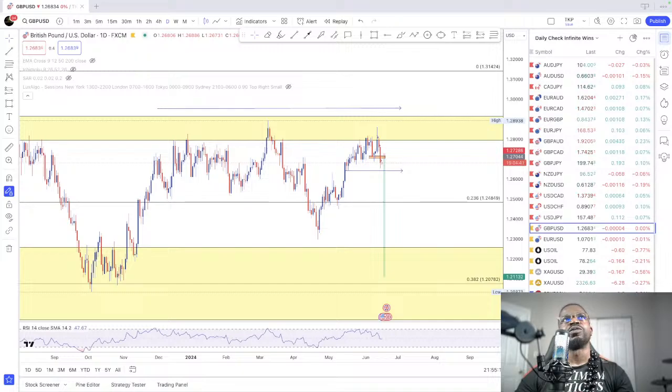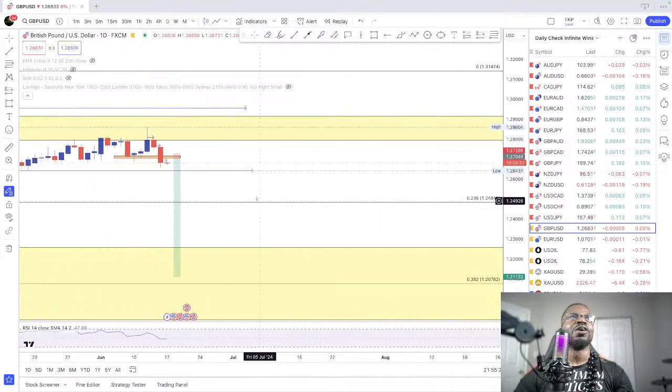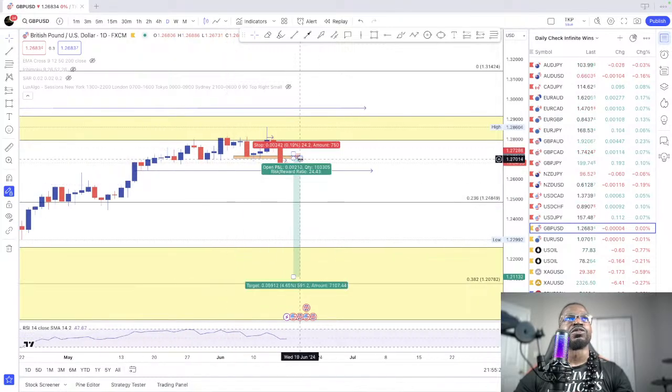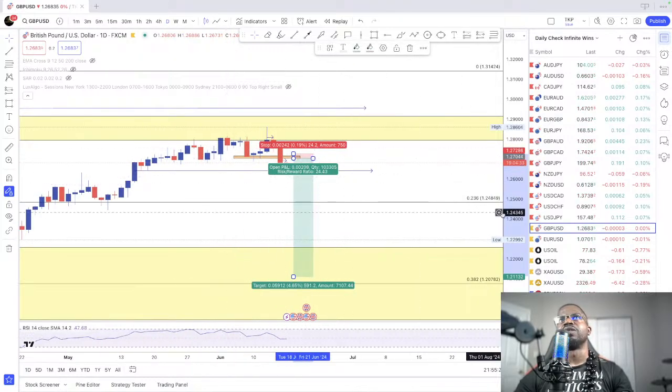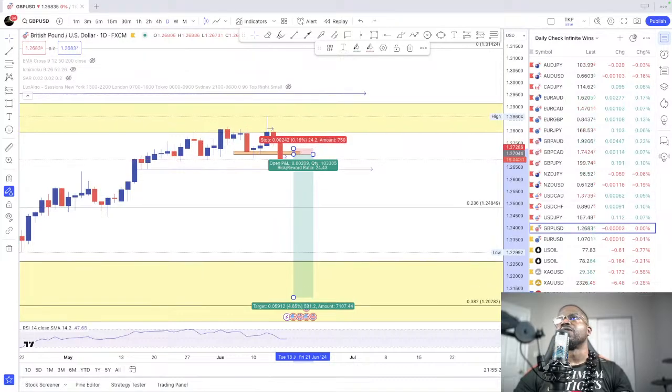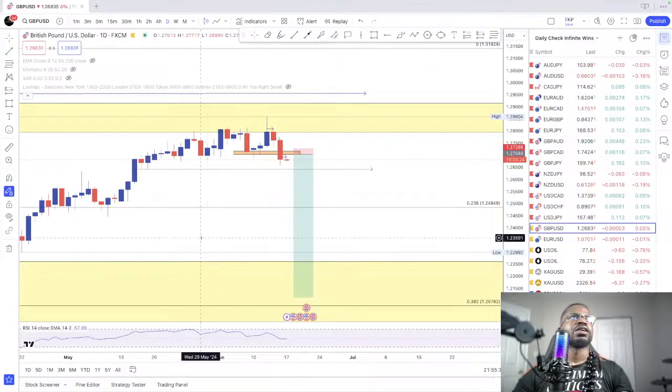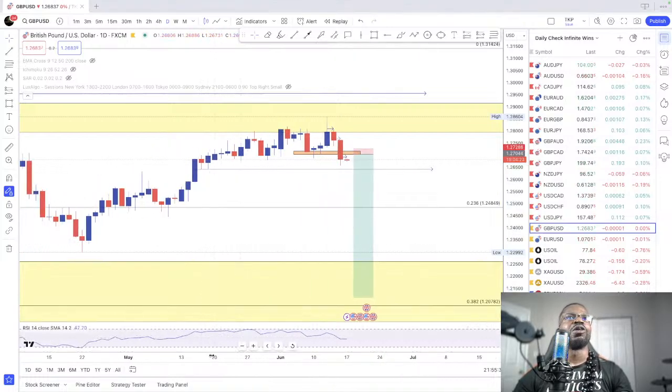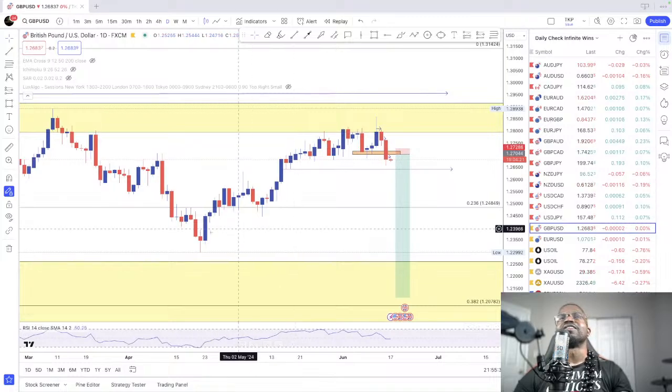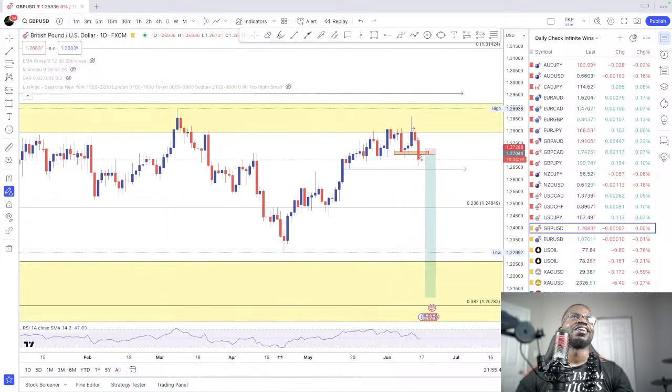Now, a lot of people don't find setups like this, but that doesn't mean that they don't happen. We hit three 1 to 21 risk reward ratio trades in one week. So it's a normal thing for us. And like I said, you guys have those demo accounts. Feel free to test it out.